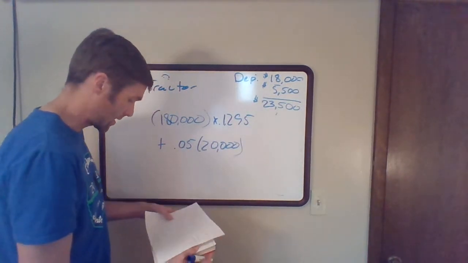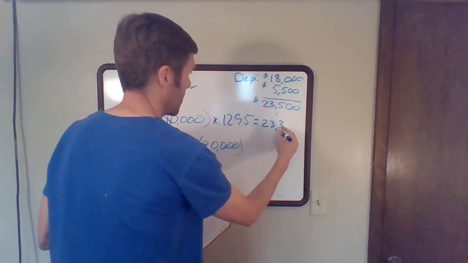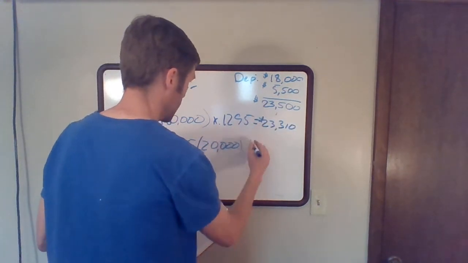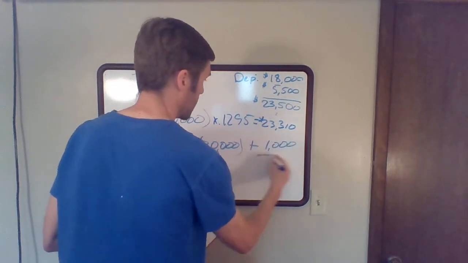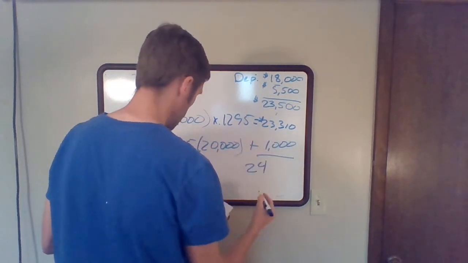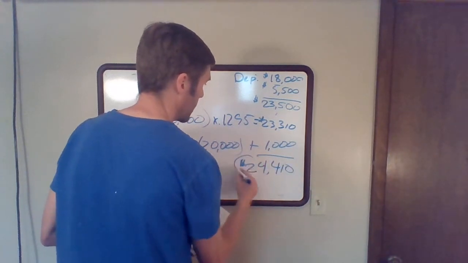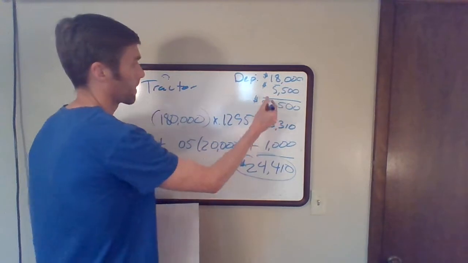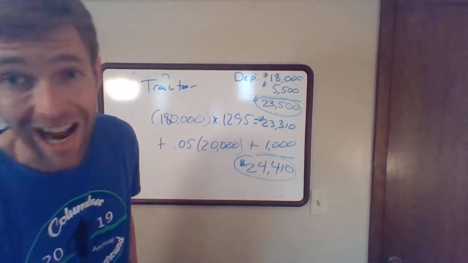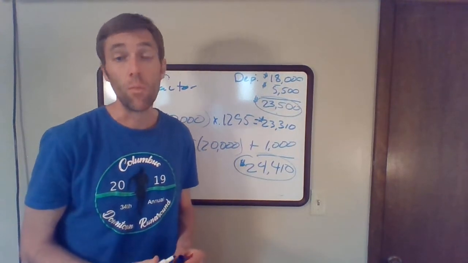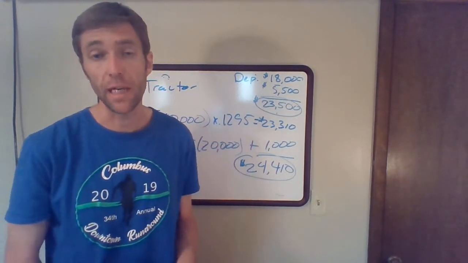If I do that, I get 23,310 plus $1,000. Using this method, I come up with $24,410, which is $910 more per year, or $9,100 more ownership expense over the life of this tractor at 5%.